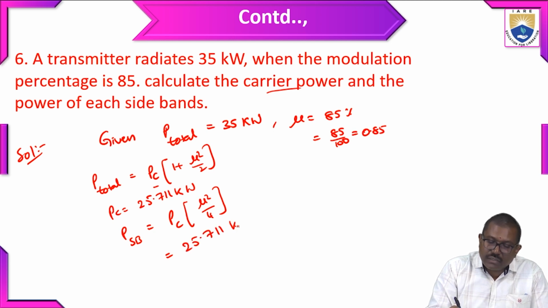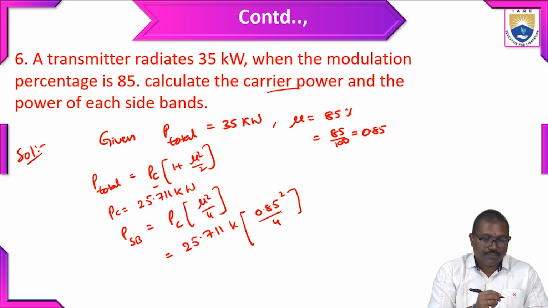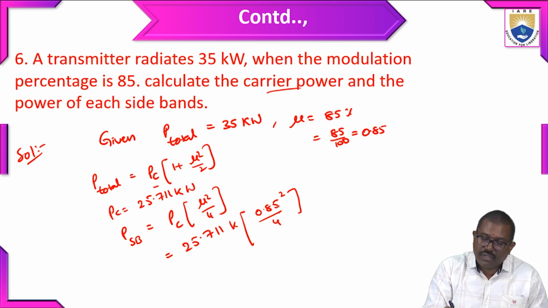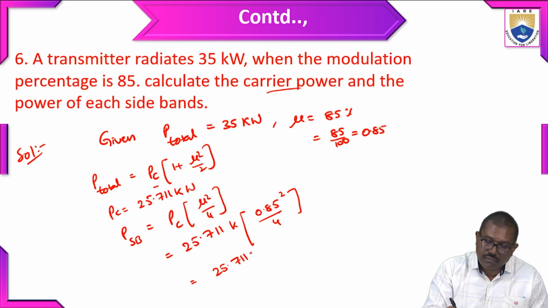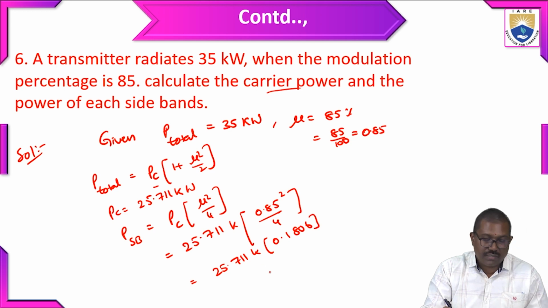2.571 kilo into mu square, 0.85 square divided by 4. So you are taking the 0.85 square divided by 4. Its value is 25.711 K into 0.1806.